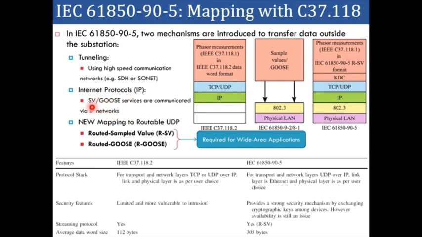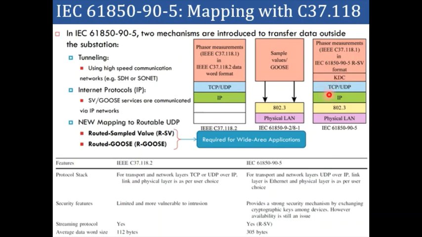So to make them routable, we use new mapping to routable UDP, where the routed sampled measurement value and routed GOOSE are added. So using routed sampled value and the routed GOOSE, the information related to the phasor measurement unit is shared over the network.